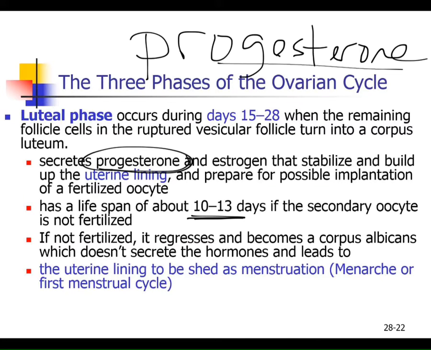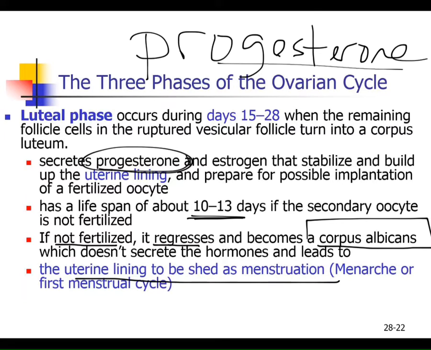If the egg is not fertilized, then the corpus luteum will regress to become that white body, think corpus albino, but it's called the corpus albicans, the white body, at which point it's no longer producing the hormones. Once those hormones stop being produced, that tells the uterus to begin the menstrual cycle again.